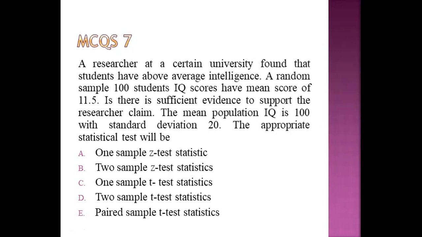A, one sample Z test. Yes, because the standard deviation is given, the sample size is sufficient, and the population mean is also given. We apply the one sample z test, and there is also one sample.